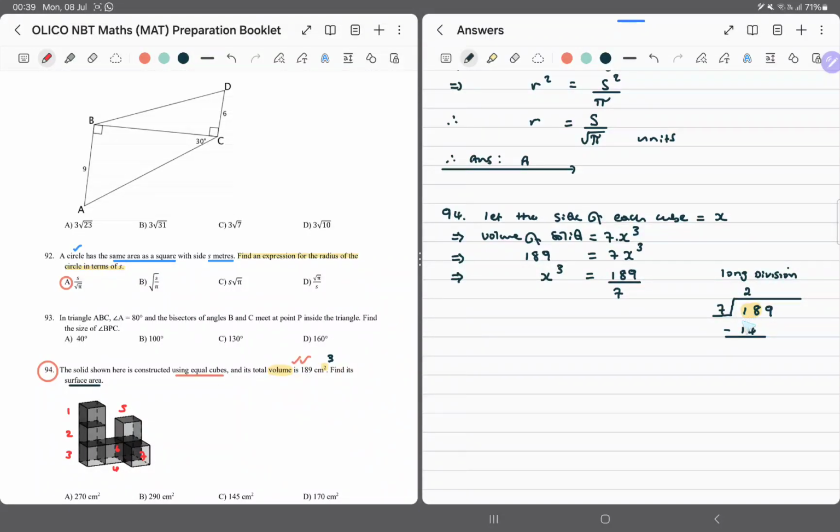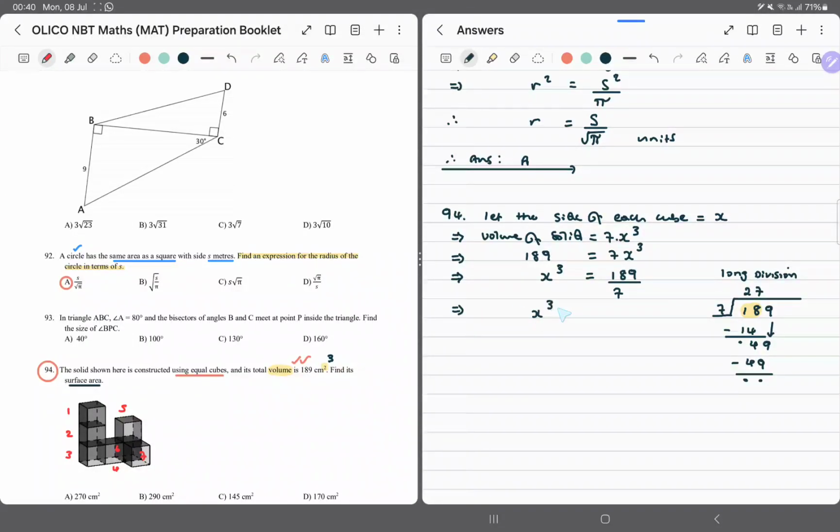So 8 minus 4 is going to be 4. Great. And then we drop the 9. Then we say 7 into 49 goes 7 times. 7 by 7 is 49. And then obviously there's this negative. 4 minus 4 is 0, 9 minus 9 is 0. So there's no remainder. So the answer is basically 27.